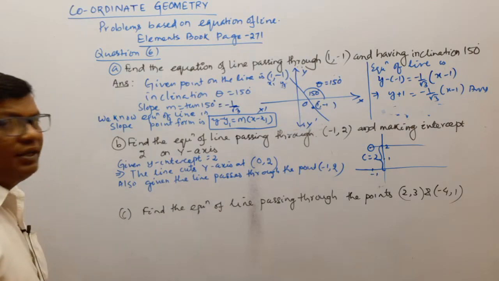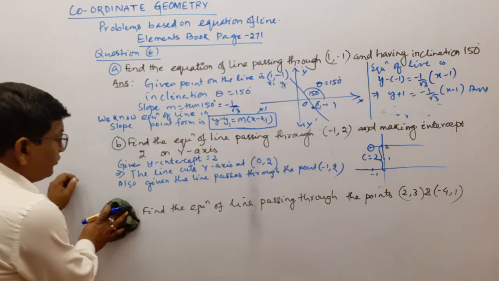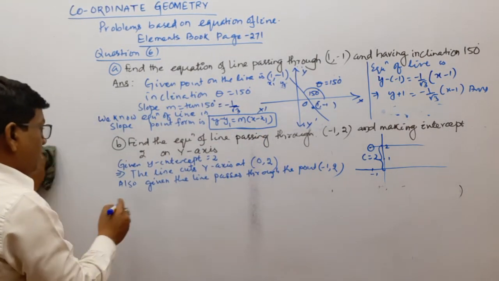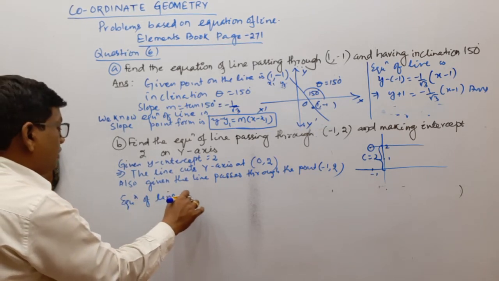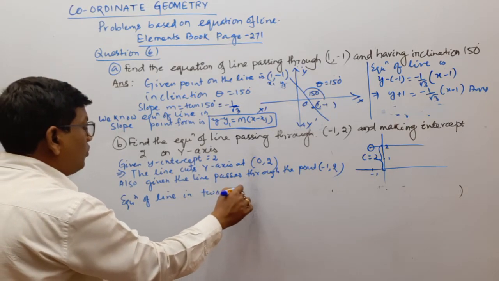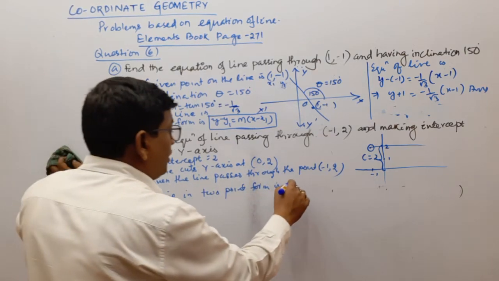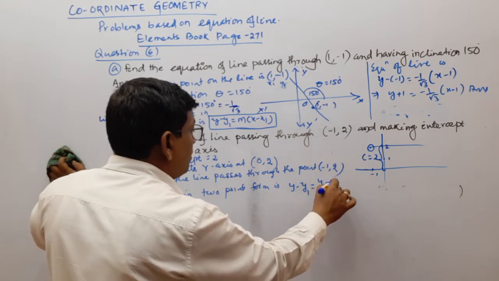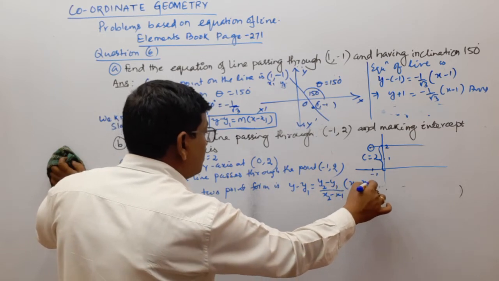Now the equation of a line in two-point form. What is the equation of a line in two-point form? Two-point form is y minus y1 is equal to (y2 minus y1) divided by (x2 minus x1) into (x minus x1).